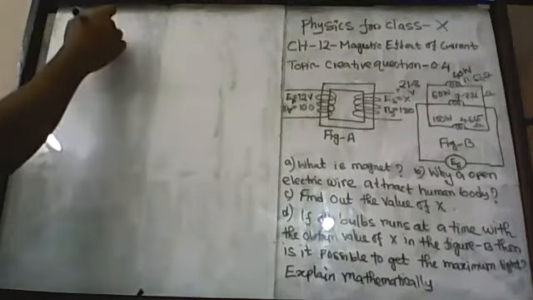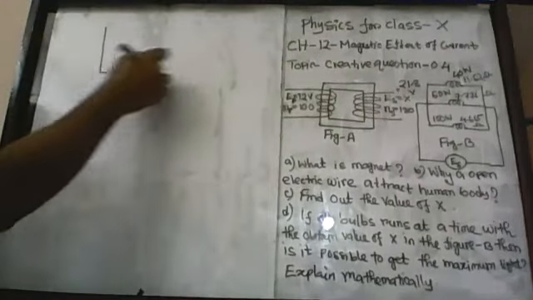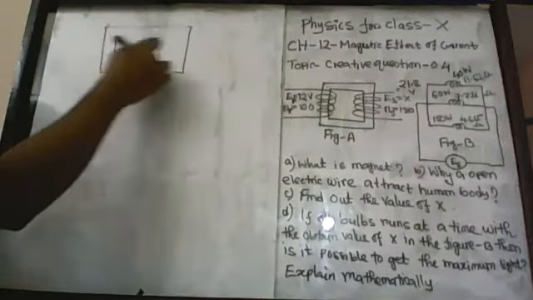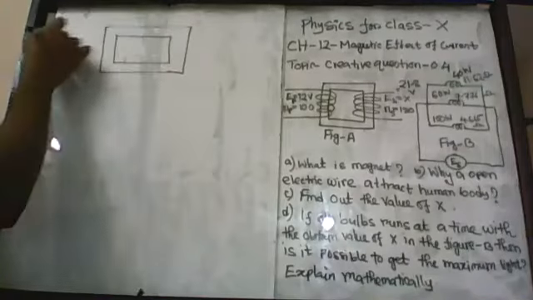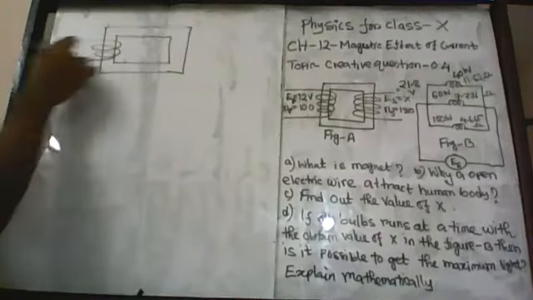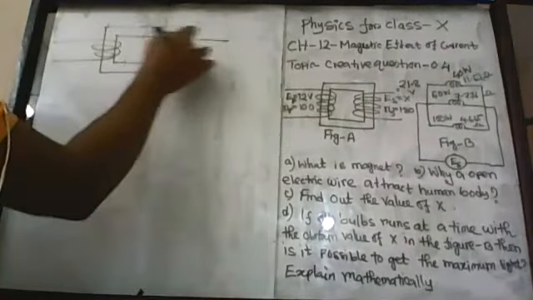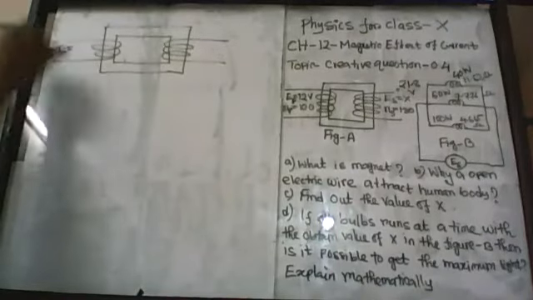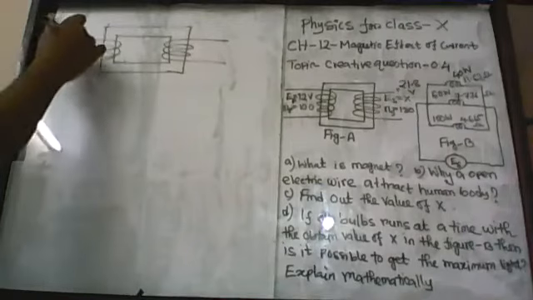Your homework: primary coil, secondary coil. Here primary current IP equals 2 ampere.